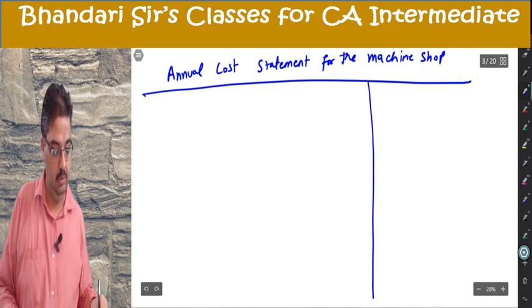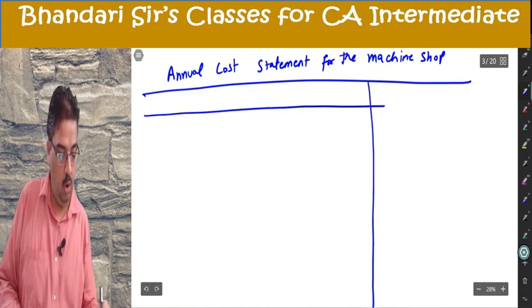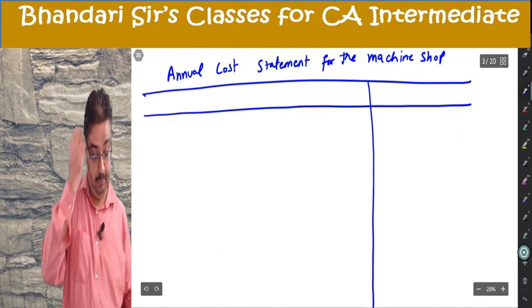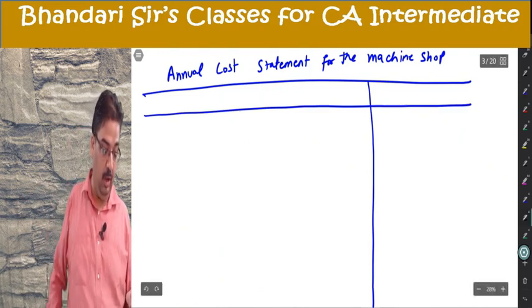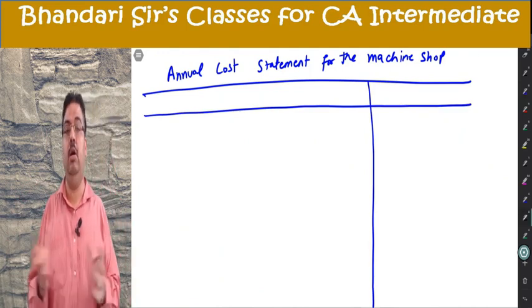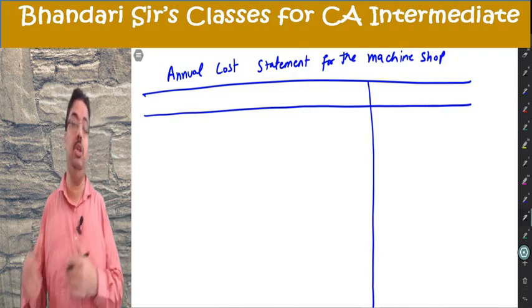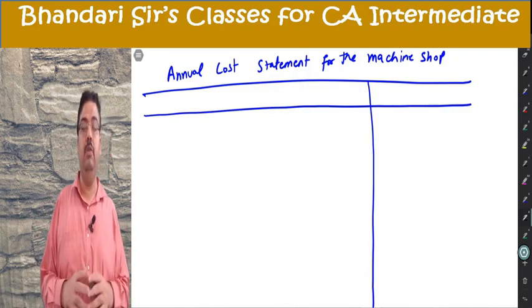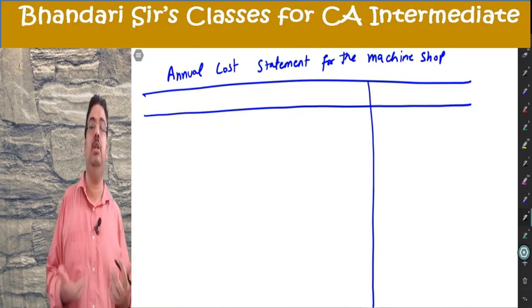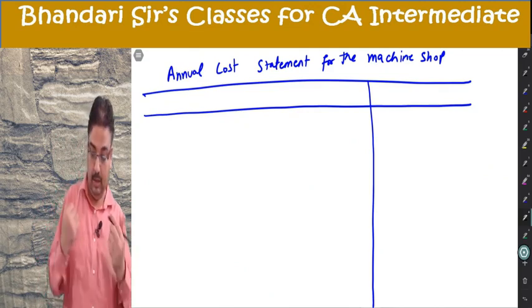Machine shop means all 8 machines together. You have to follow one base, either 6 monthly or annual, and preferably for the machine shop as the question is saying in the end. Even if you are making for a single machine, the answer is bound to be the same. Let us calculate there.